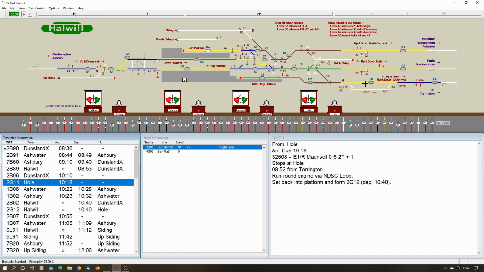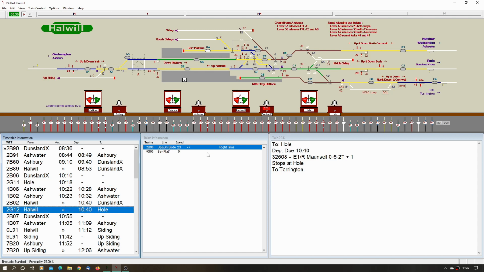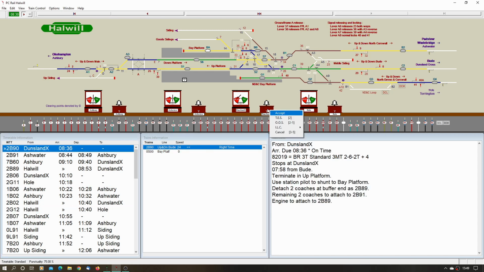Right. So presumably the coaches go in there, loco runs around, and then it goes back into platform. Set back into platform. Form 2G12. Right, so that's an interesting move I've not done. Entrance section from Dunsland Cross. Right, I'll cut this bit out unless there's something happening, and come back when we get a bell or a train approaching.